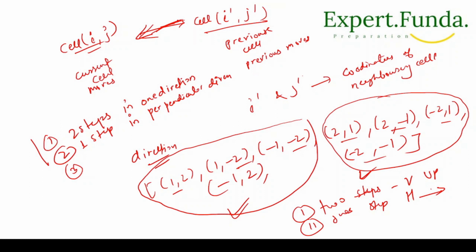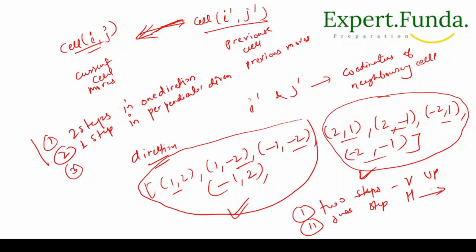So for each direction we can calculate the probability of reaching cell (i, j). From the neighbor cell (i', j') in the previous move, we sum up the probabilities for all the 8 neighbor cells and divide this result by 8.